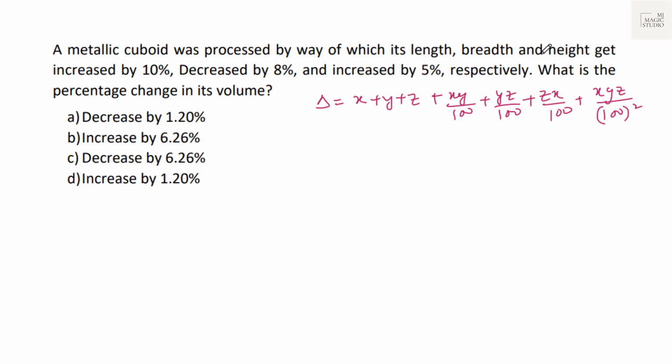Here volume is length into breadth into height. That means it is the multiplicative effect, and all three variables are changing. So what will be the multiplicative effect on the product?